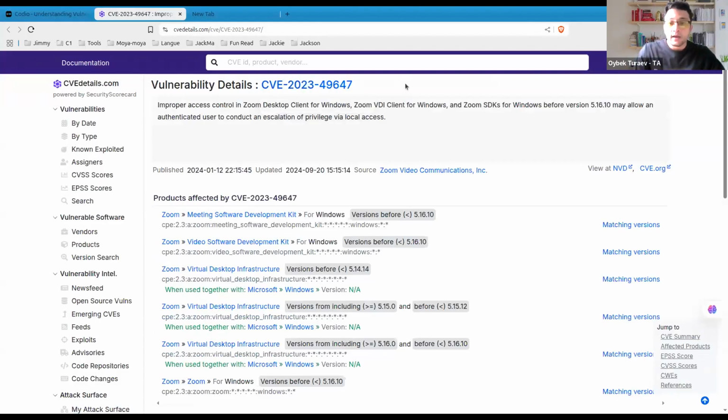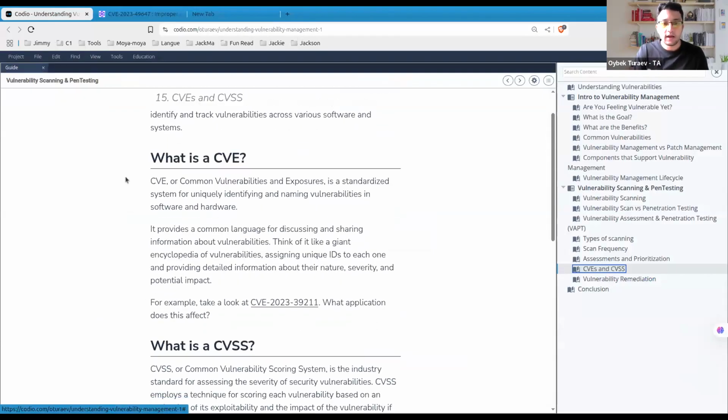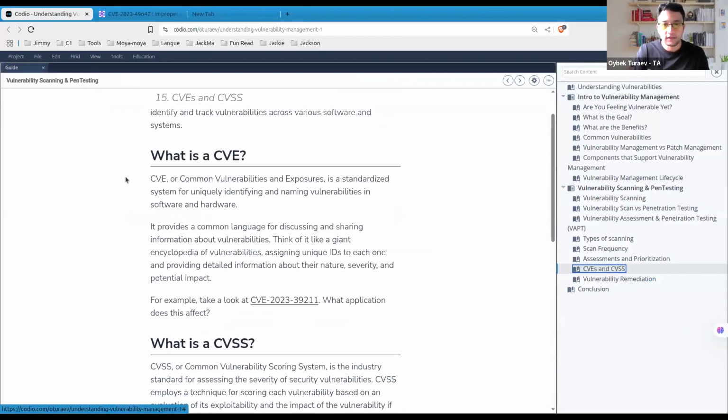In today's professional world, whenever we talk with colleagues about vulnerabilities, there are lots of different vulnerabilities. That's why we communicate by their CVE. CVE is a unique name of each vulnerability, and it consists of very useful information.